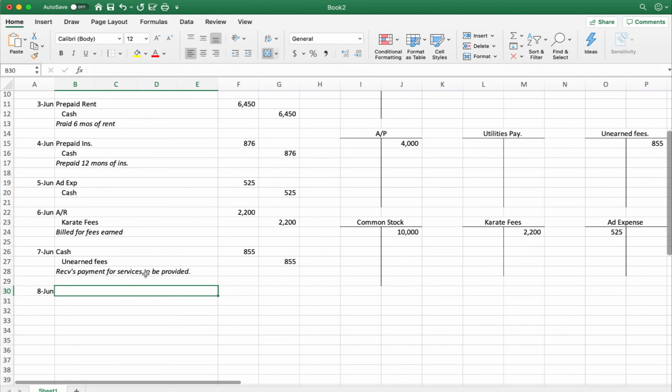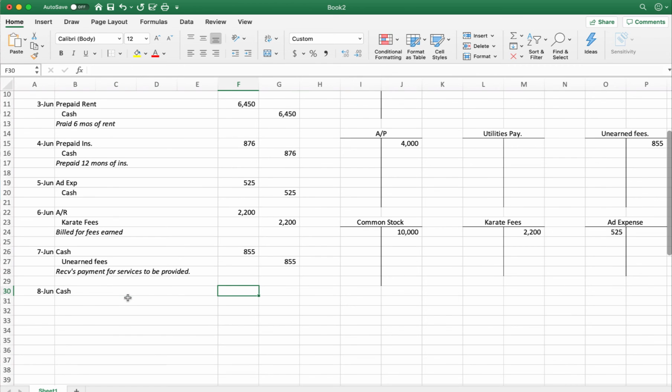Okay? So, what's happening here? Well, we already provided the fees or the service, right? We already recognized the revenue. We recognized the revenue and said, we have a right to receive cash. That is our accounts receivable. Two days later, we're actually getting paid. So what's being affected? Well, cash is going up, right? So I got to debit cash for the $2,800 that they told us, okay?